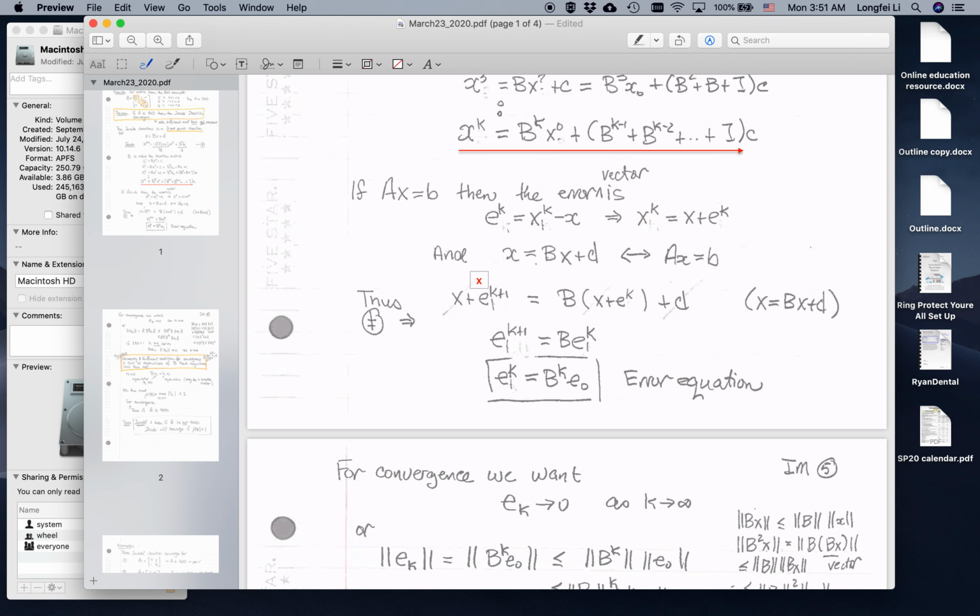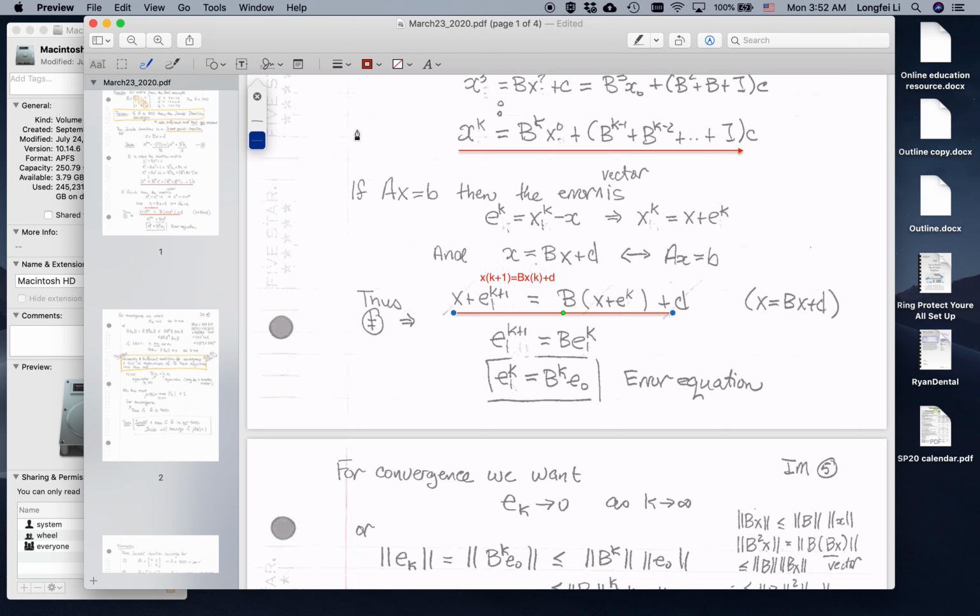We know that x_k is given by x plus e_k, therefore x_{k+1} equals x plus e_{k+1} equals B times (x plus e_k) plus d. That's why we have this relationship.